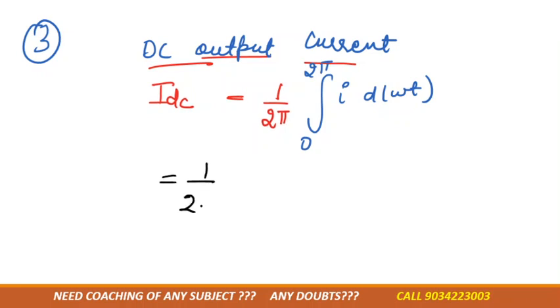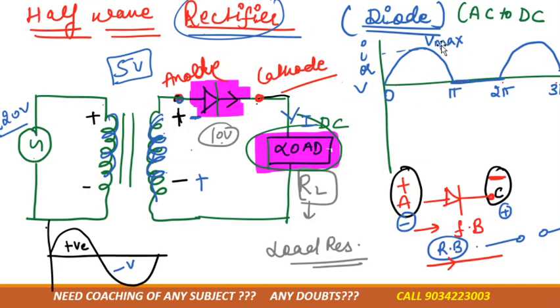So it would be 1 by 2 pi. Again, as you can see, there are two cycles. One moves from 0 to pi, and another moves from pi to 2 pi. From pi to 2 pi, you can see that there is no output. So output is how much? 0, right? There is output only from 0 to pi.